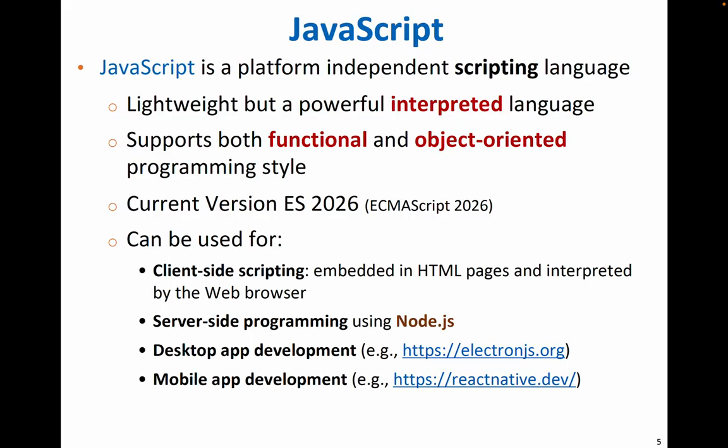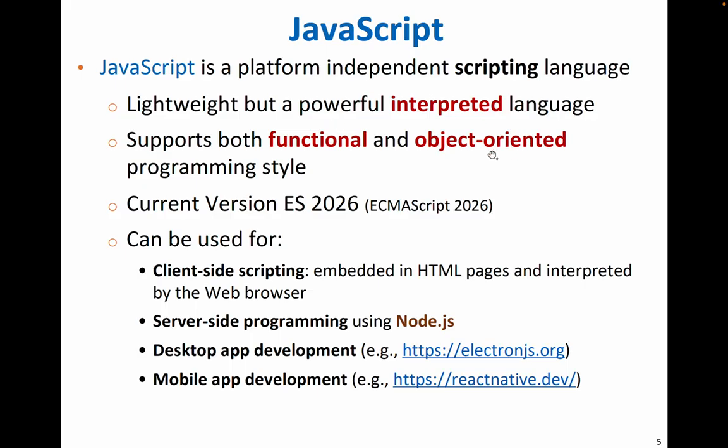It's an interpreted language. We don't have this compile time and then run it. It supports both functional and object-oriented programming style. So basically, functional programming means that the core programming structure of the program depends on the functions, and we design the whole concept based on functions.